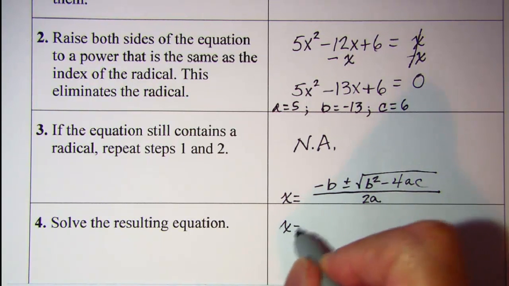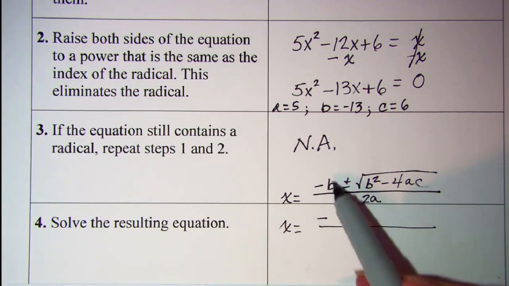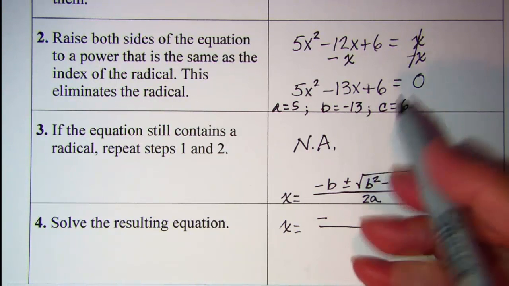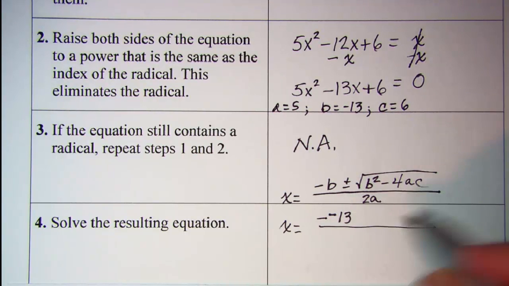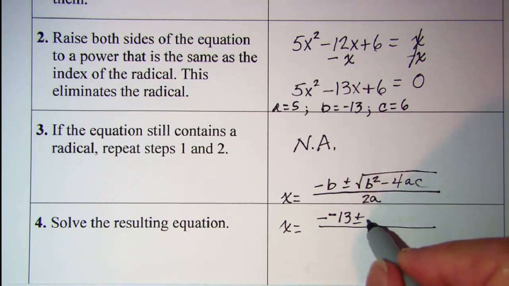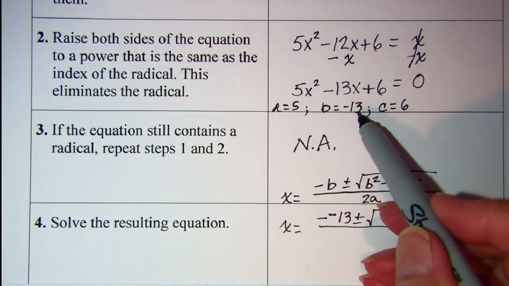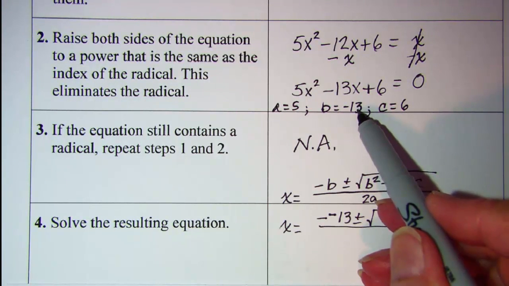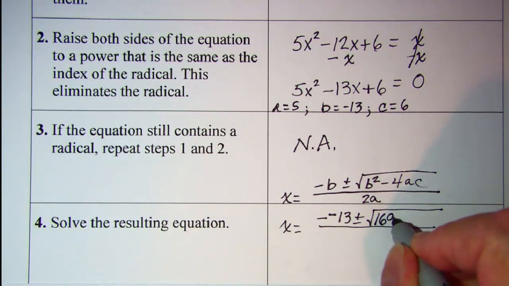So x is equal to negative, in place of b, I'm going to write negative 13, plus or minus square root of, now b squared, I'm going to square my negative 13. So negative 13 times negative 13 is 169. I'll just write that there.